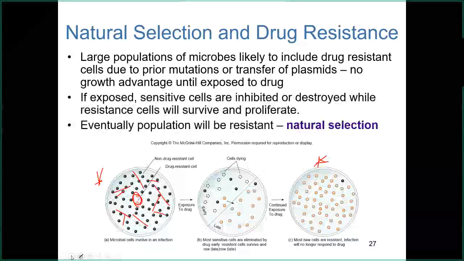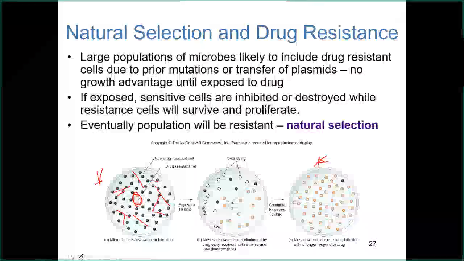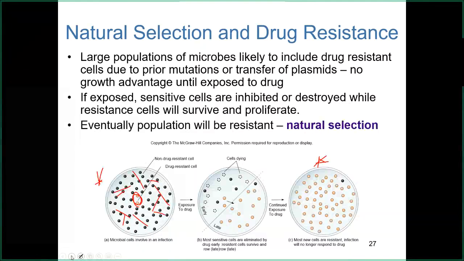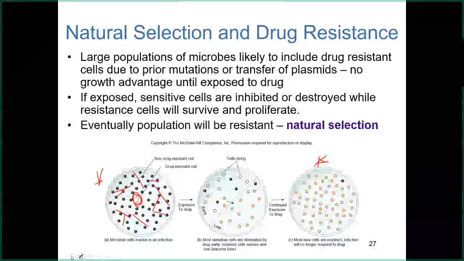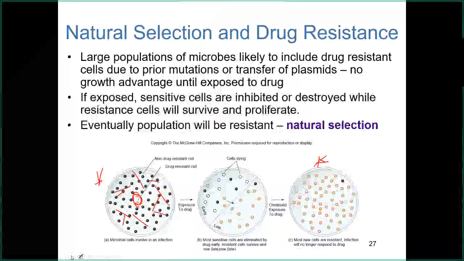If we then start subjecting them to doses of antibiotics, say in the medium or in some other way, we'll ultimately be able to select from an original population resistant strains. We can actually do that fairly quickly in just a number of days, really.